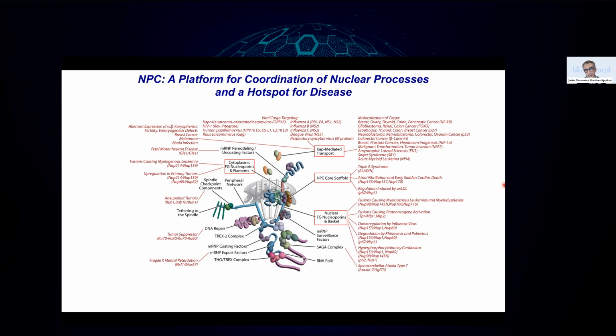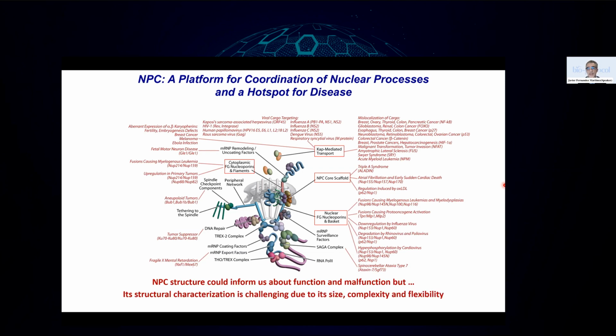However, the basic molecular mechanisms that underlie these regulatory roles of the NPC are actually still poorly understood. If we wanted to understand how the NPC works both in health and disease, what we needed to start with is a proper framework, a detailed description of the structure of how an NPC is assembled.